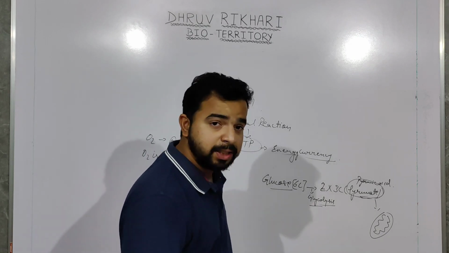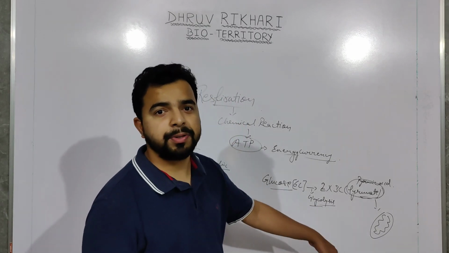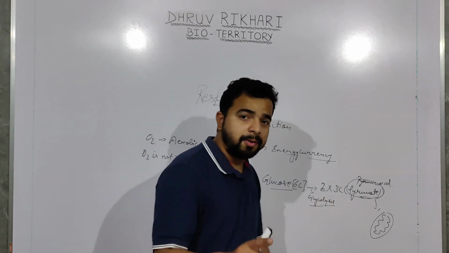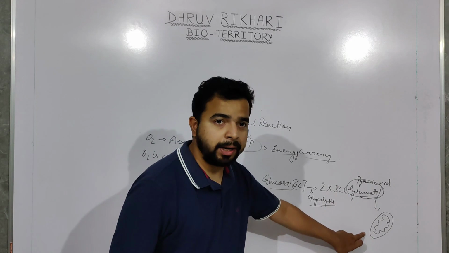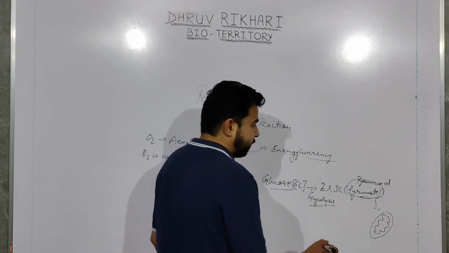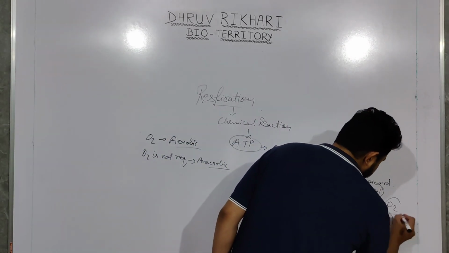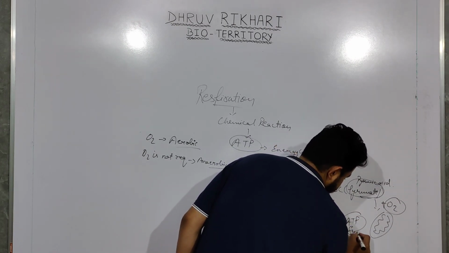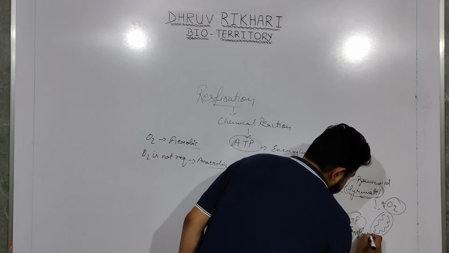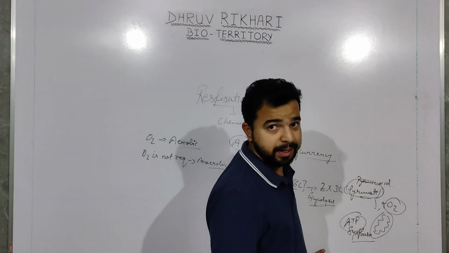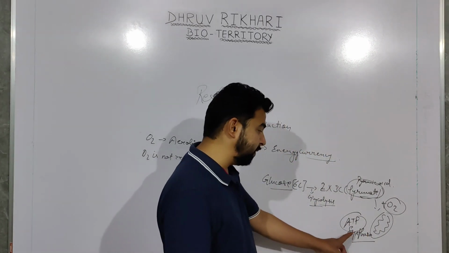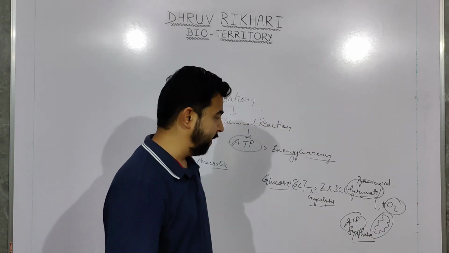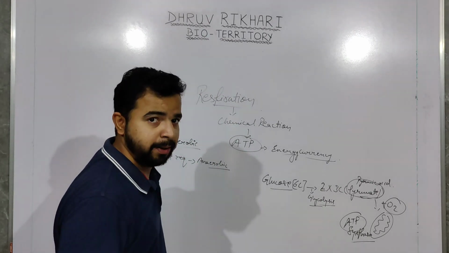When these conversions are taking place, it is also producing ATPs, and the maximum number of ATPs are formed in the mitochondria, because in mitochondria, in the presence of oxygen, the ATP synthase enzymes get activated, and due to their activation, ATP synthesis products are higher in number as compared to the anaerobic.